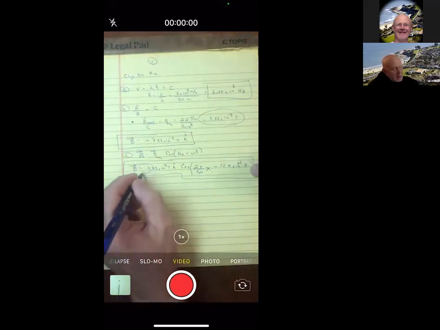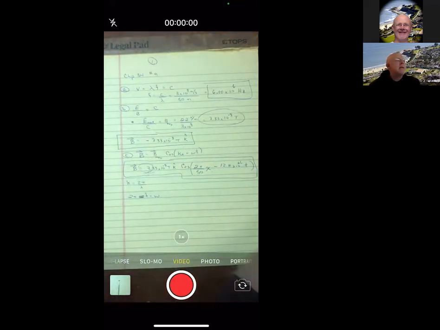I still question that negative. Let me go back and read the question a little bit. Write an expression for B with the correct unit vector with numerical values when its magnitude has this form. I'm not sure that question is saying it should start with a negative cosine or a positive cosine.